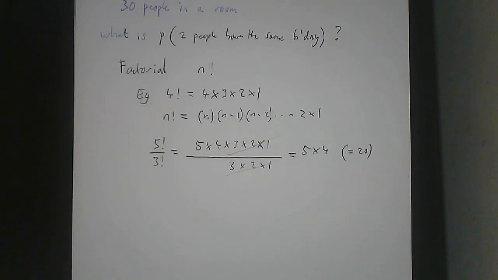There is another way of considering this, and that's to think about the complement of the question. So it's almost like saying the opposite of the question. If you've got a room full of 30 people and you're trying to think about two people having the same birthday, then it might be easier to think about the probability of nobody having the same birthday.